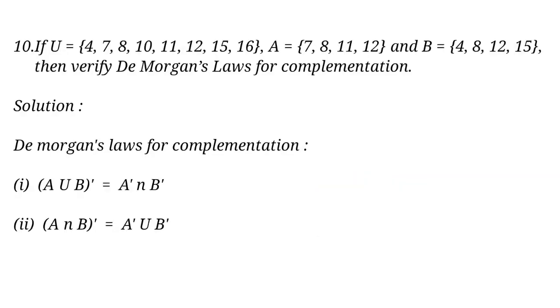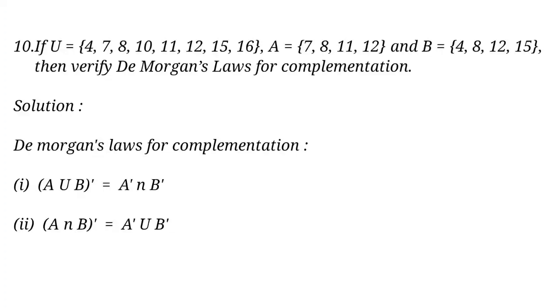10th one, if U is equal to {4, 7, 8, 10, 11, 12, 15, 16}, the set A is equal to {7, 8, 11, 12} and B is equal to {4, 8, 12, 15}, then verify De Morgan's laws for complementation. We know De Morgan's complementation laws.